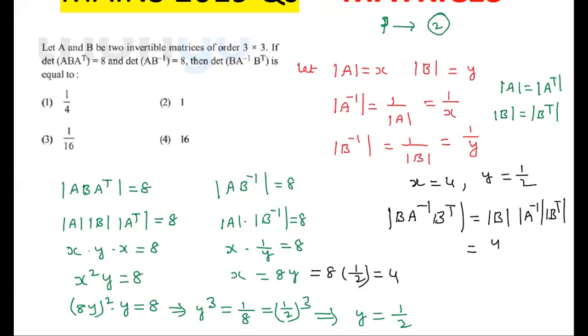So this is Y, this is 1 by X, this is Y. Overall, Y square by X, Y means 1 by 2, this is a whole square, into 1 by X, this is 1 by 4. 1 by 2 square means this is 1 by 4, 1 by 4 into 1 by 4, 1 by 16. So finally, which option is correct? Third option is correct. Here, remember the formulas, then apply the formula, you will get it very easily.